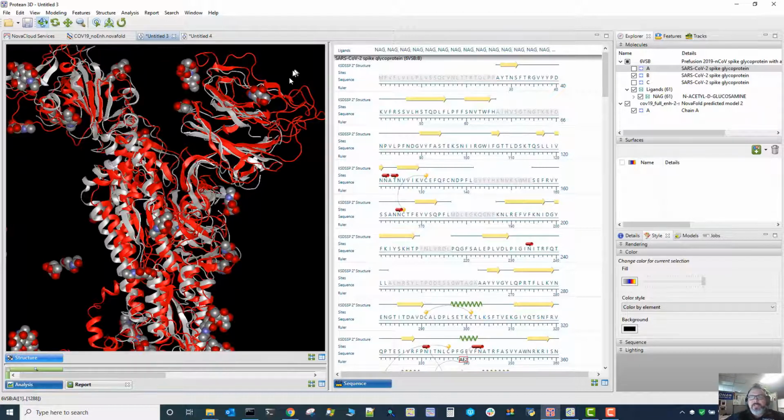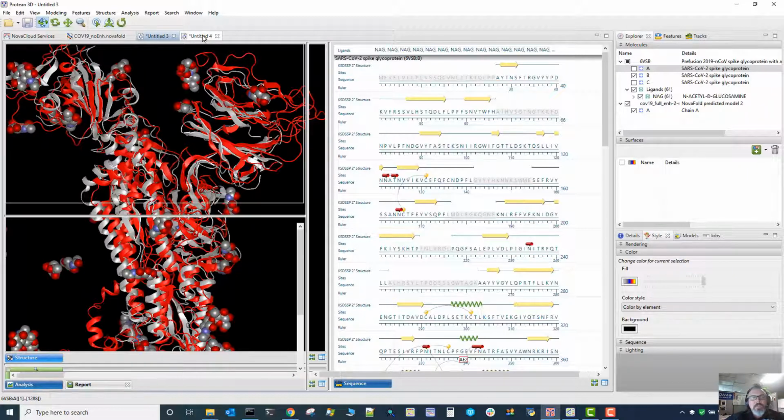Now, in retrospect, we didn't know how good this model was at the time, because all we knew is that we were able to reconstitute the loop regions of the cryo-EM structure, and that's all the information we had. But as the months progressed, more models started coming online.